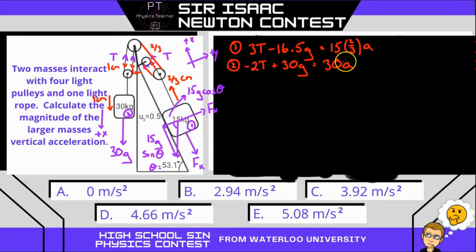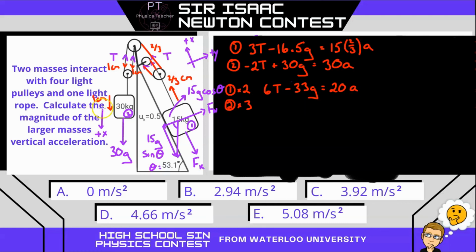Rewriting the equations up at top to give myself a little room, I'm going to take equation 1 and multiply it by 2, and then take equation 2 and multiply it by 3. Doing that gives me 6T minus 33g, which equals, on its own, 15 times 2, which is 30, divided by 3, which is 10, and then times 2, that's going to give us 20a.